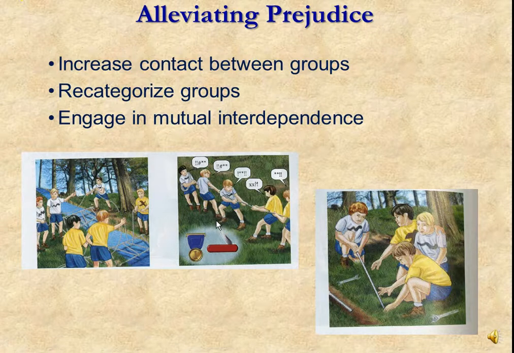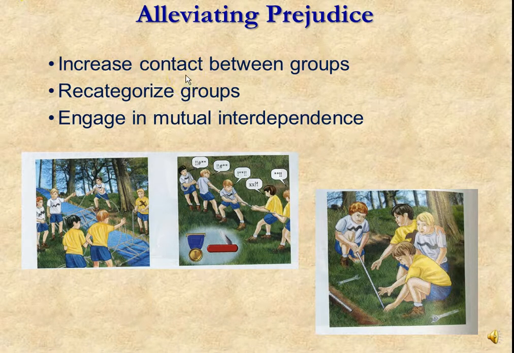But just increasing the contact, that didn't do it. In fact, increasing the contact between them seemed to just create a lot of violence. They would be pushing and shoving in their arts and crafts classes. In the dining hall, they would be hurling insults at each other. And so just bringing people together isn't necessarily enough.